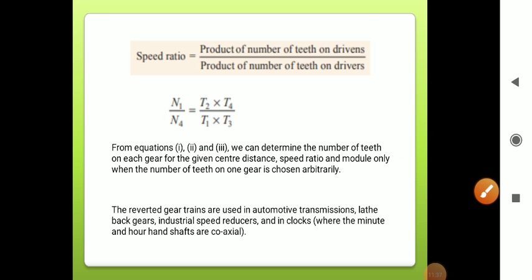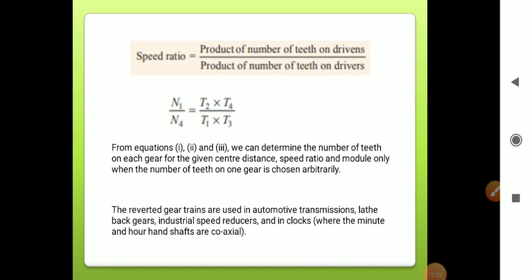So reverted gear trains are used in automotive transmissions, lathe back gears, industrial speed reducers, and in clocks where the minute and hour hand shafts are coaxial. The first application is the automotive transmission system. Second is lathe back gears. Next is industrial speed reducers.